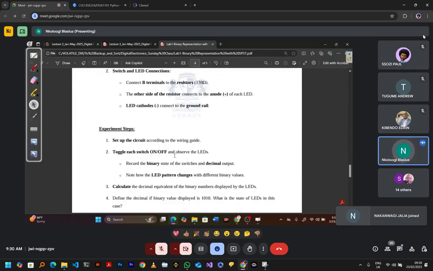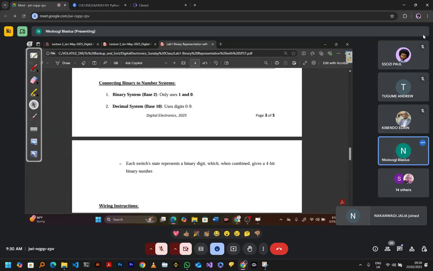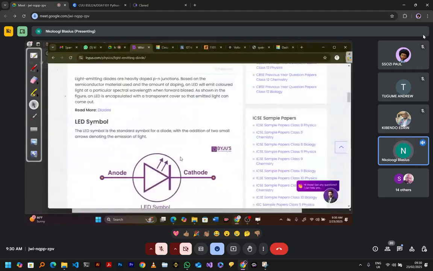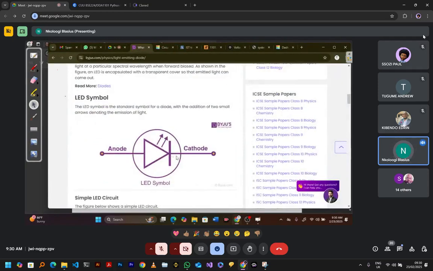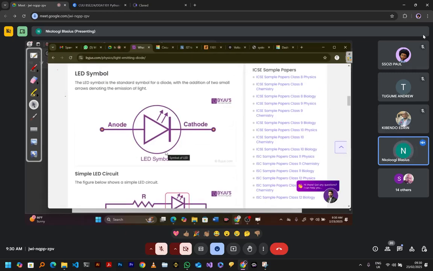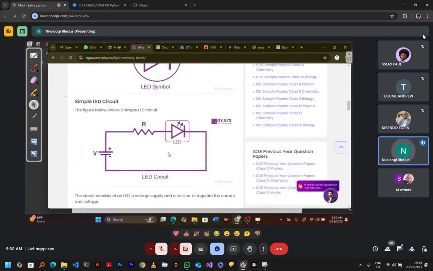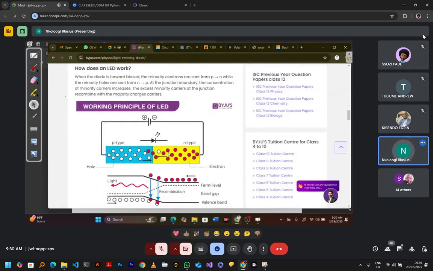So you guys who might not have taken time to know about some simple knowledge of the semiconductors, I'll need to take you through a little bit about LEDs, how they operate, from the concept of a diode itself.